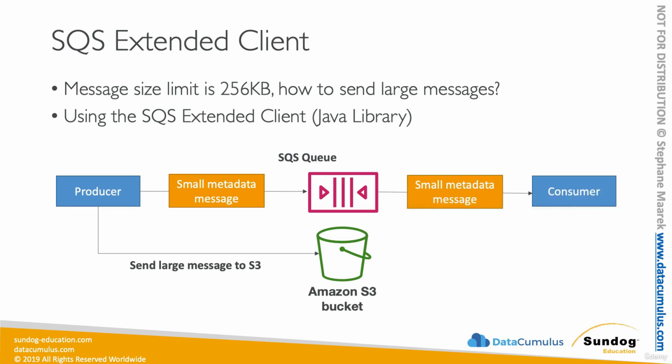And then the extended client on the consumer side will receive the small metadata message saying where the file is in S3, and the consumer will be able to read the large message directly from S3. So this is how you circumvent the 256 kilobytes message size limit if you wanted to, using the SQS extended client, which can be really helpful for big data.